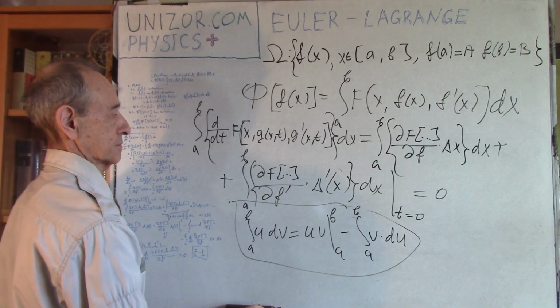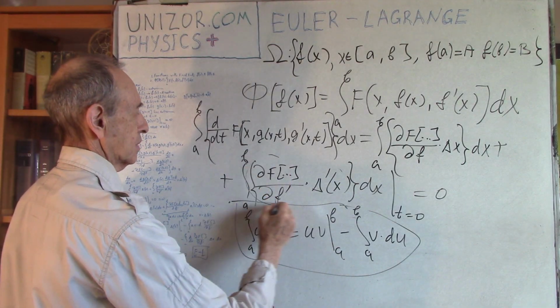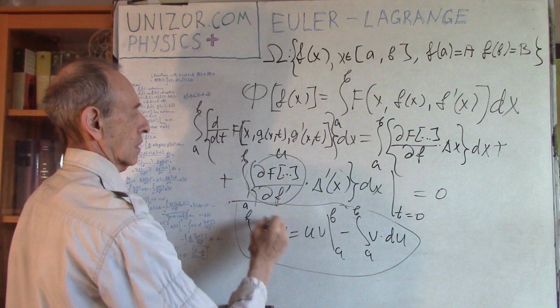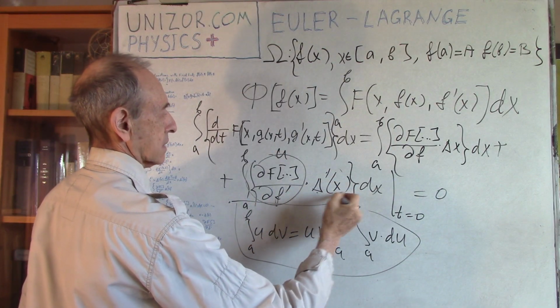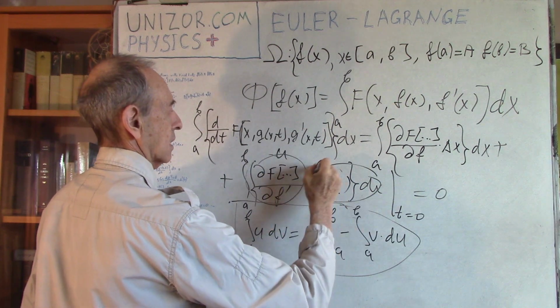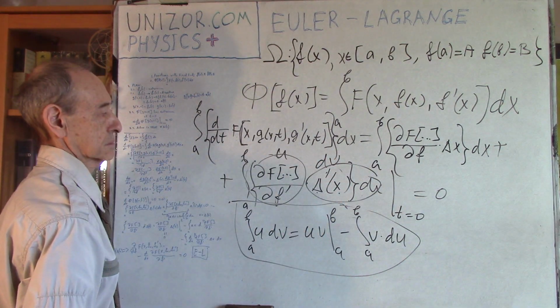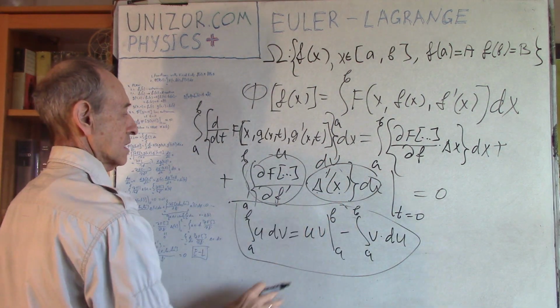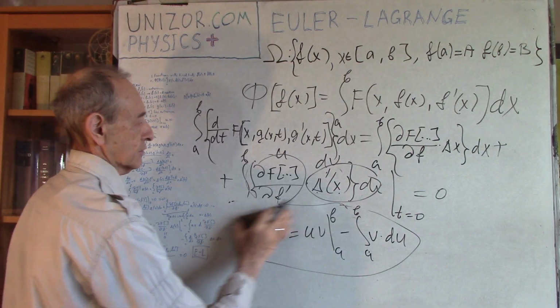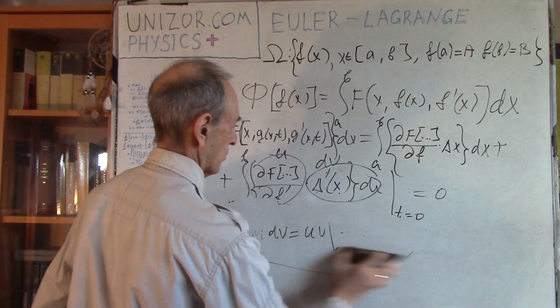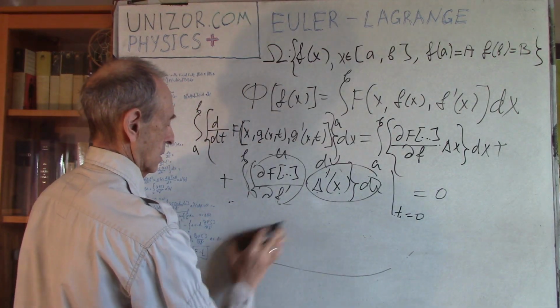I will use it, where this would be my u. Now, delta prime of x times dx would be my dv. So how should I use this formula? First of all, I should put their multiplication uv.